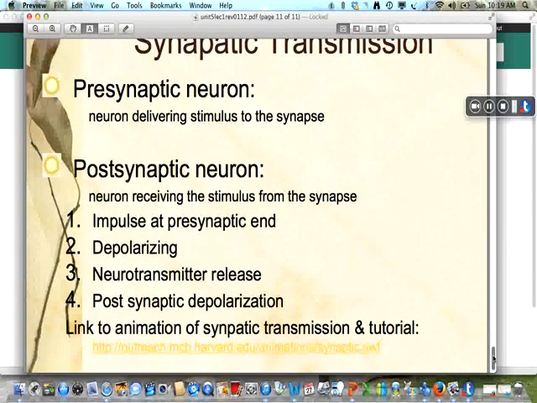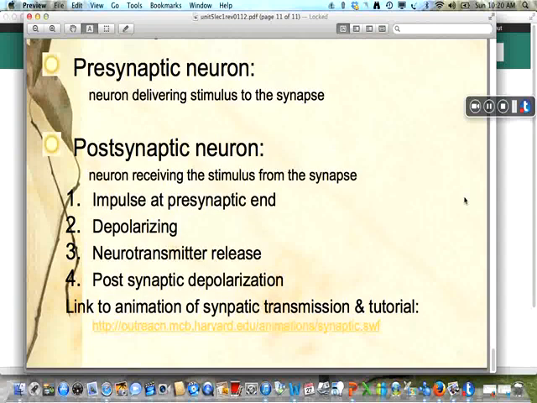At the neuromuscular junction, what we looked at was only using acetylcholine. Acetylcholine is one of them, but there are other neurotransmitters which we'll look at in subsequent units. And then the postsynaptic neuron is going to depolarize. So again, here we have another animation that is going to show this process.